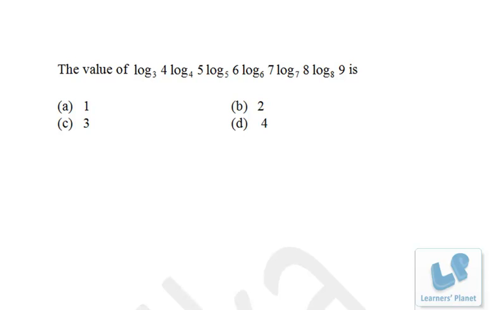Now friends, in this case, we have to find out the value of this expression. Now you can see very well, here 4 is in index and here it is in base. Here 5 is in base, here 6 is in base, here 7 is in base here. So what we can, log a to the base b, b to the base a can be written as log b by log a.